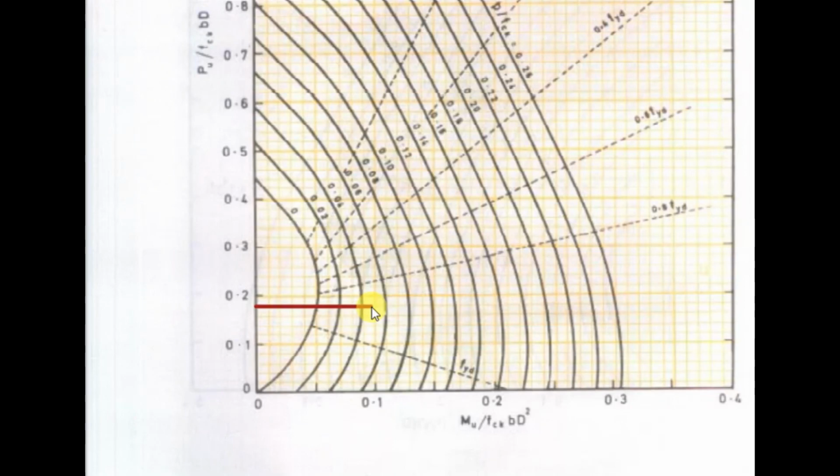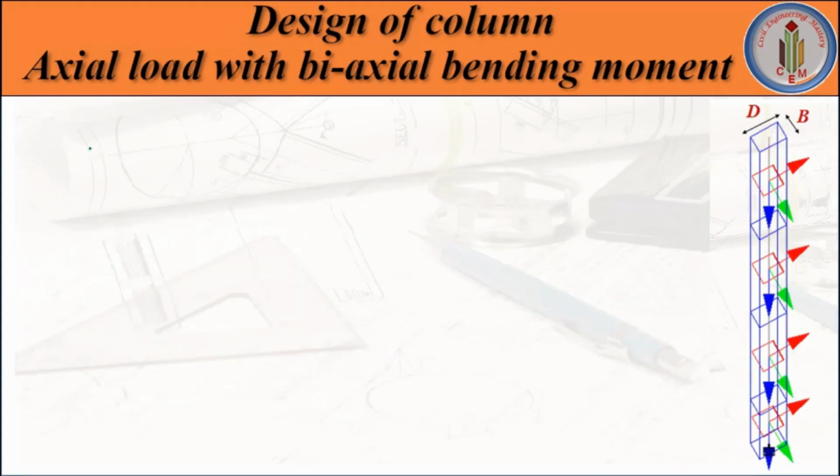So I'm stopping here and then let's go down here. It comes around 0.095. So the value of MU by FCK BD square is 0.095.